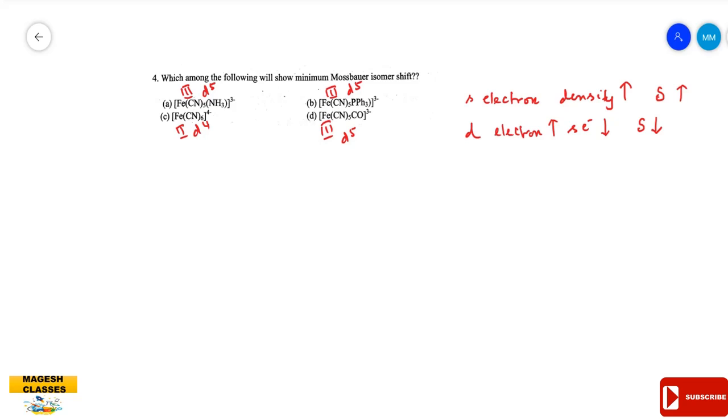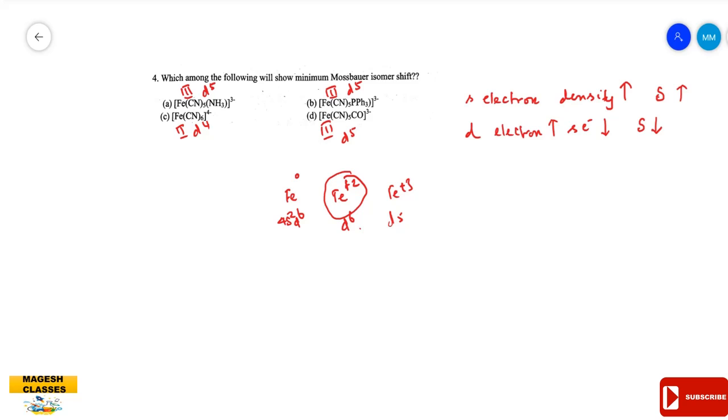When you compare the s electron density in the Fe atom, Fe0 is 4s2 3d6, Fe2 plus is d6, and Fe3 plus is d5. So more d electrons are present in Fe2 plus, and so the s electron density decreases. The isomer shift on the negative side also decreases, so it moves to the positive side.